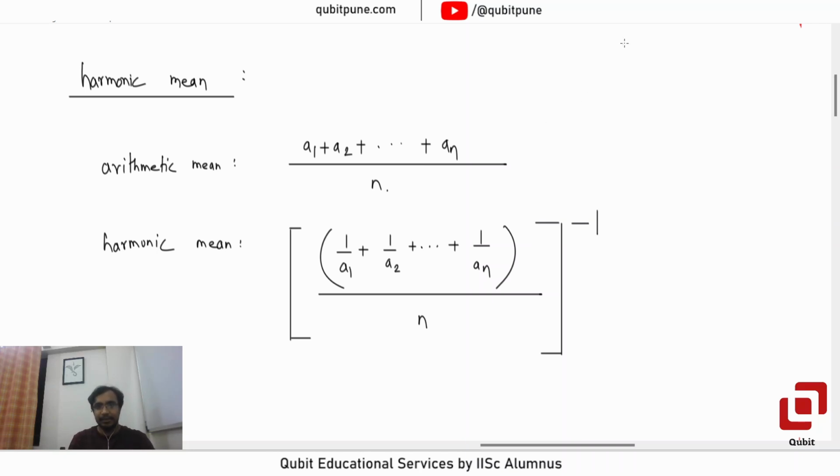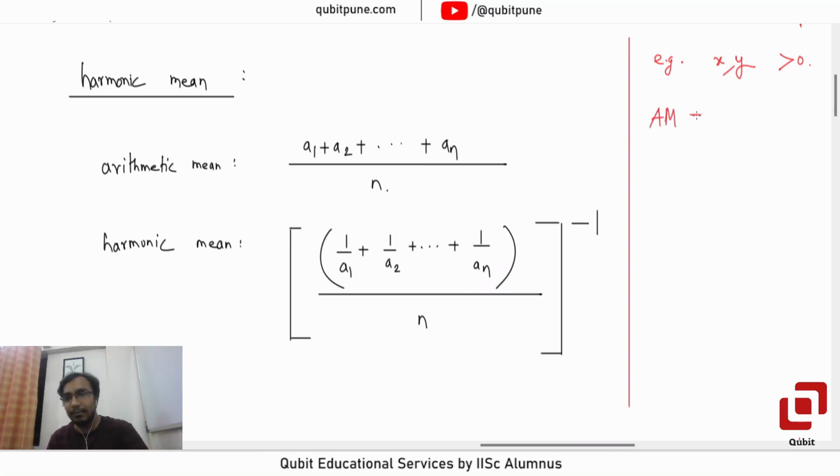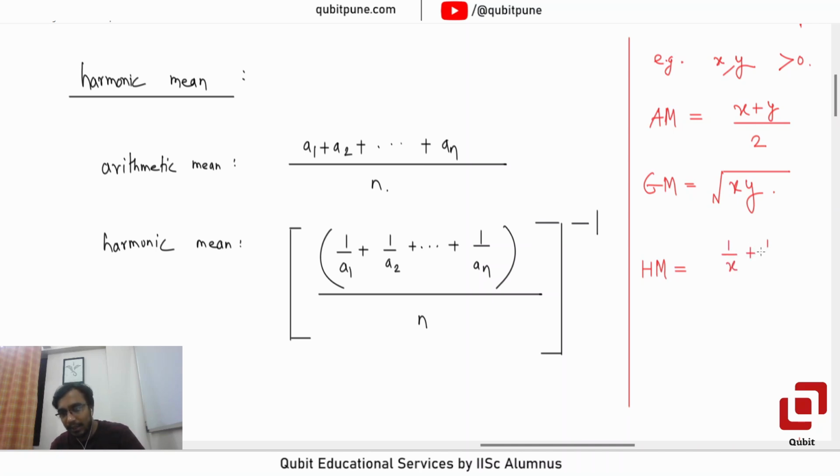For example, suppose we have two numbers x and y, and assume that both of them are positive. Their arithmetic mean will be x plus y by 2. Their geometric mean is root xy. And the harmonic mean will be 1 upon x plus 1 upon y, divided by 2, raised to negative 1.